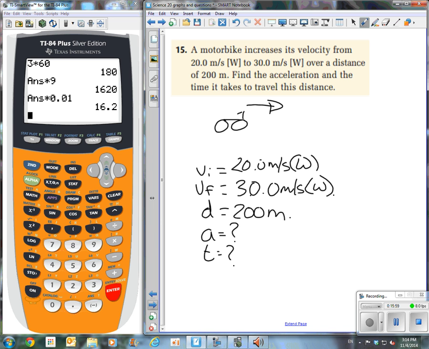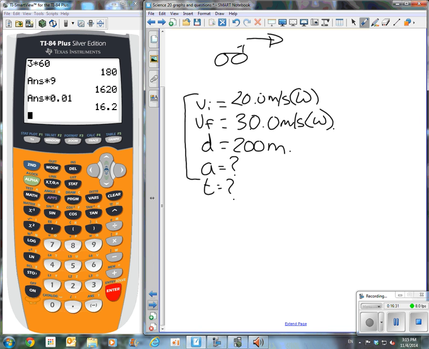Okay, so what I'm going to do here is use my data booklet. I'm going to first look for an equation that has these 4 variables in it. I'm going to solve for acceleration first.